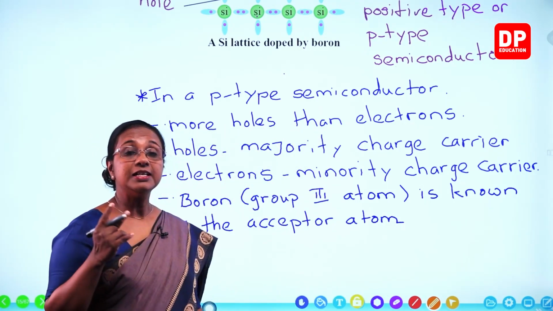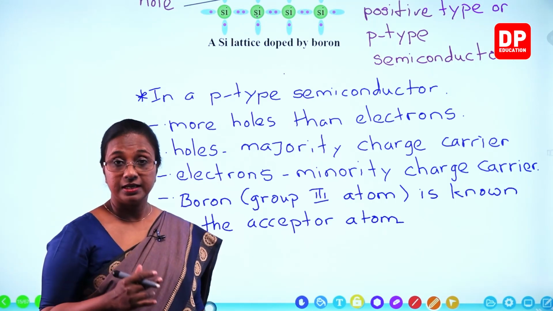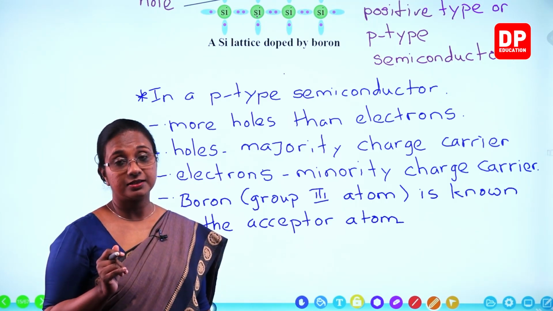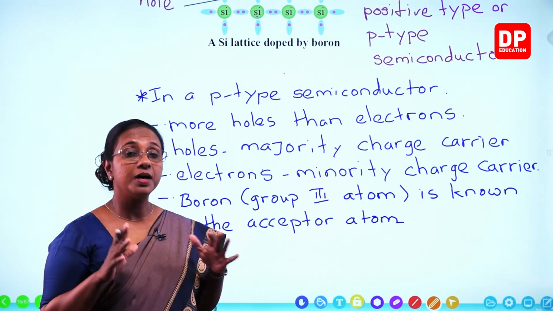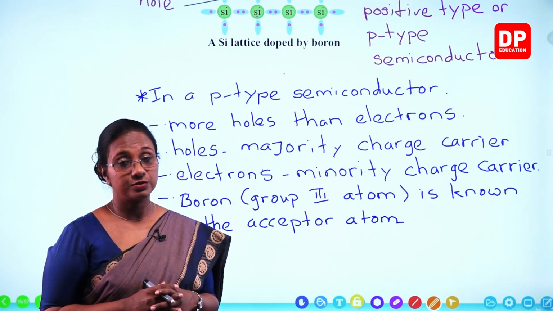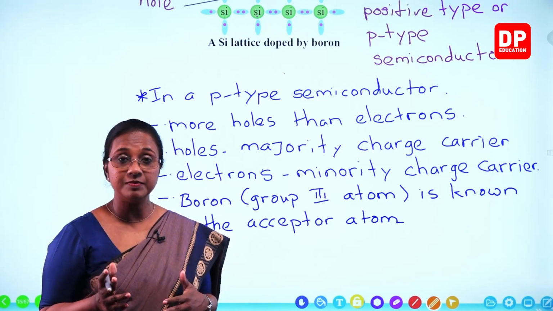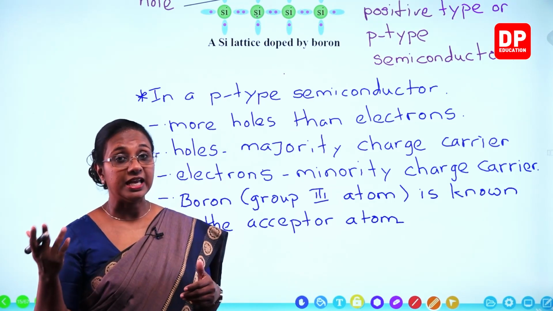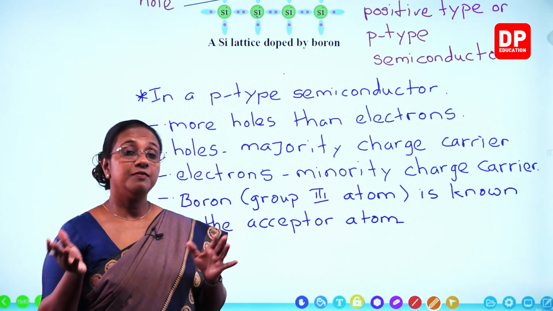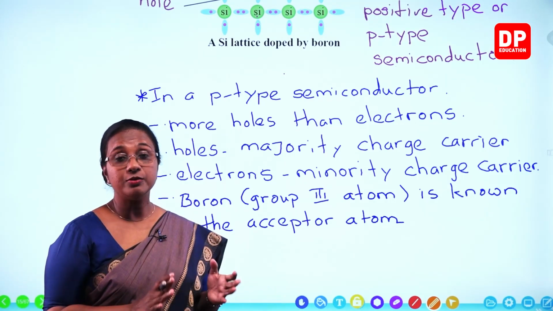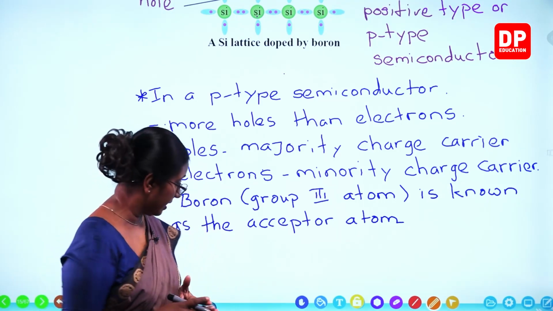So this is the second type of extrinsic semiconductor. When you dope the semiconductor, that is group 4, silicon or germanium, with group 5, we get the N-type semiconductor. When you dope them with group 3, you get the P-type semiconductor.